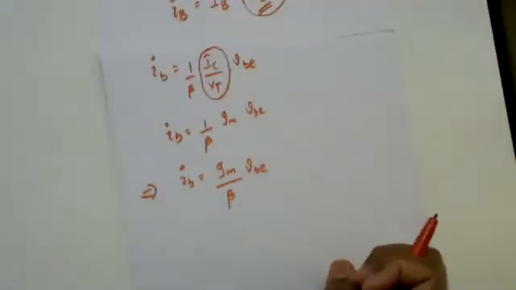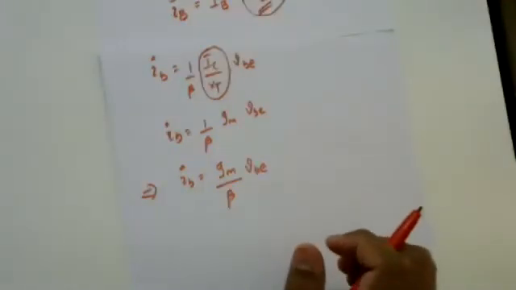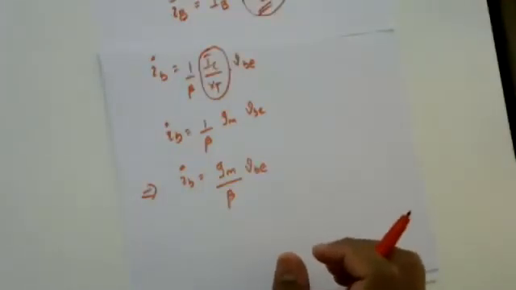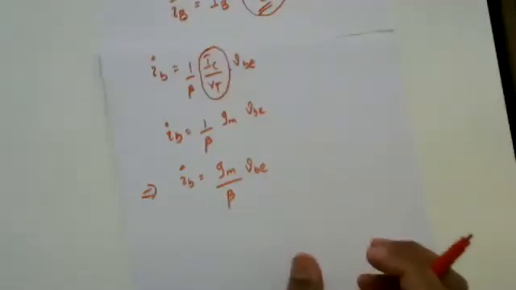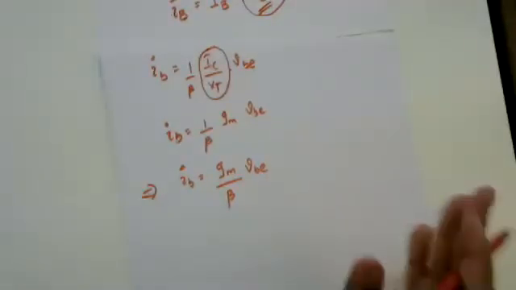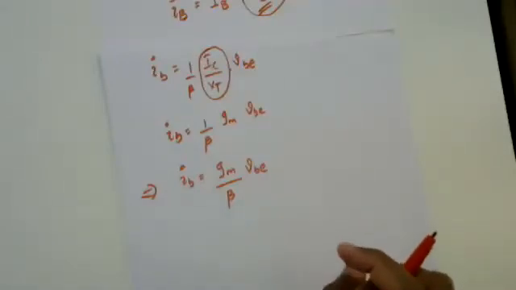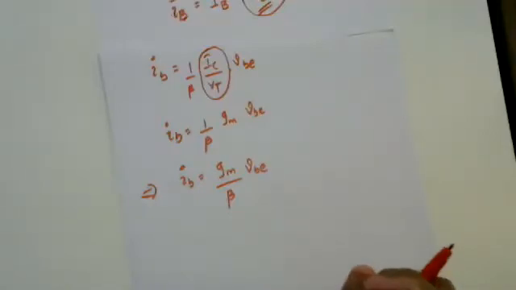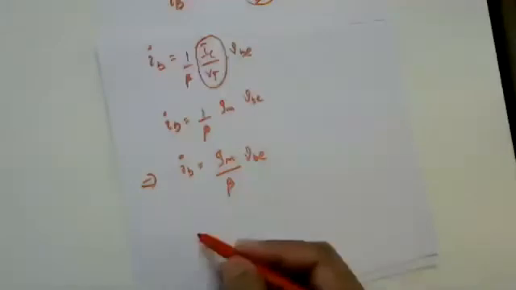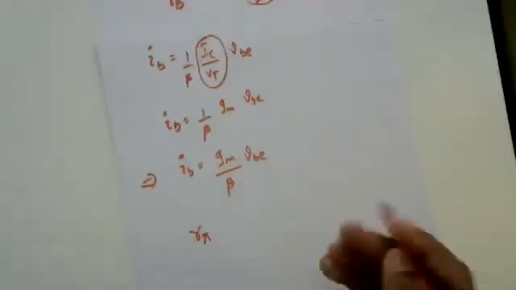Now over here we will be talking about the small signal input resistance between the base and emitter. A small signal input resistance between the base and emitter. So how to define this? To define this term, I will use a notation called r pi.